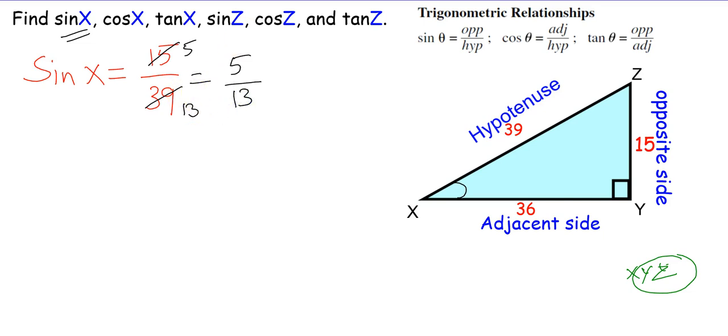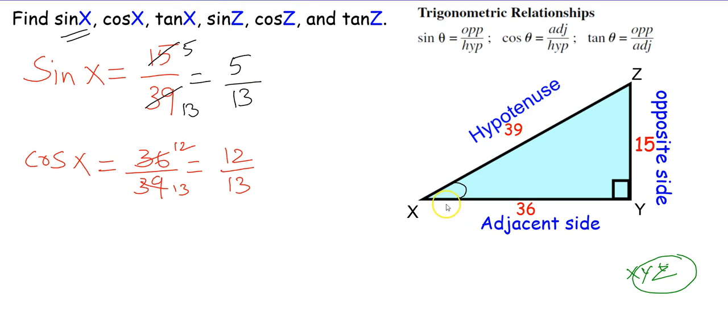And cosine x is adjacent side over hypotenuse. Your adjacent side, that is 36, over the hypotenuse 39. This you can also break down: 3 divides 36 twelve times, and 39 thirteen times, so 12 over 13. Now the third one, tangent x.